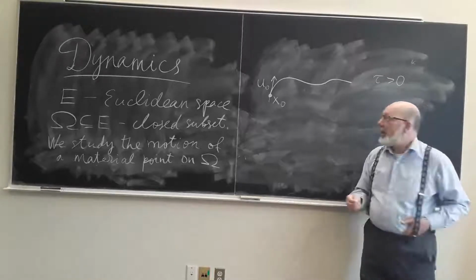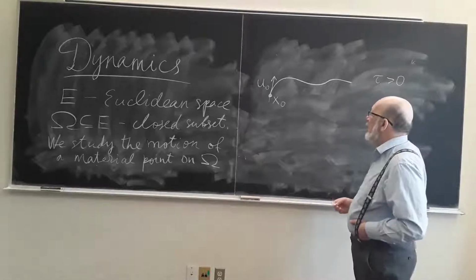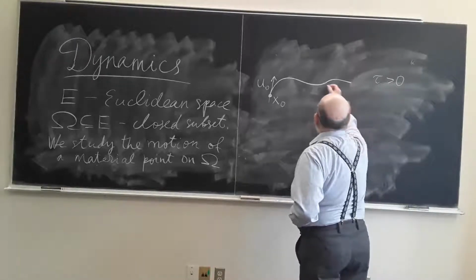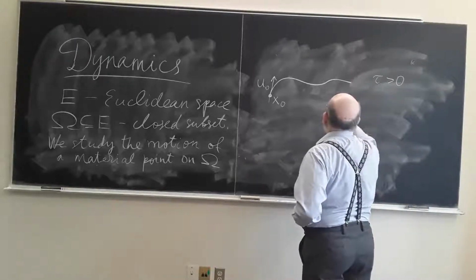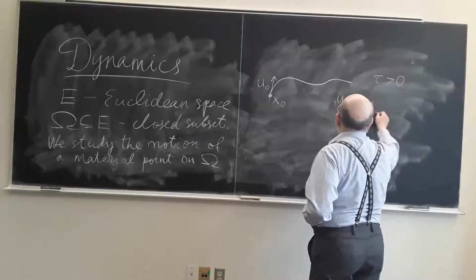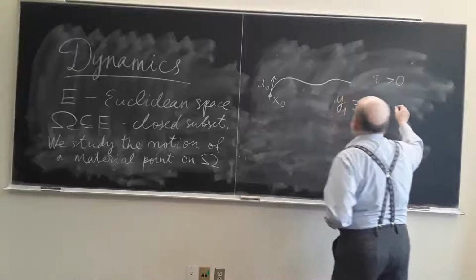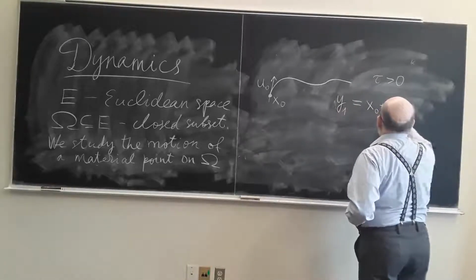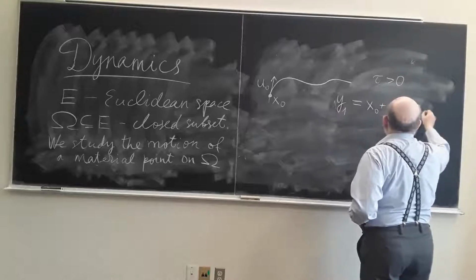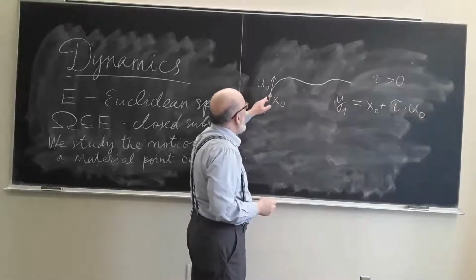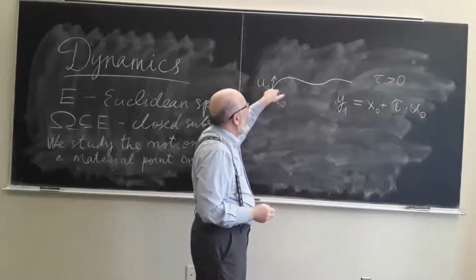And now we define the following point y1 equals x0 plus tau times u0. So it is the displacement of the particle if there were no curve.